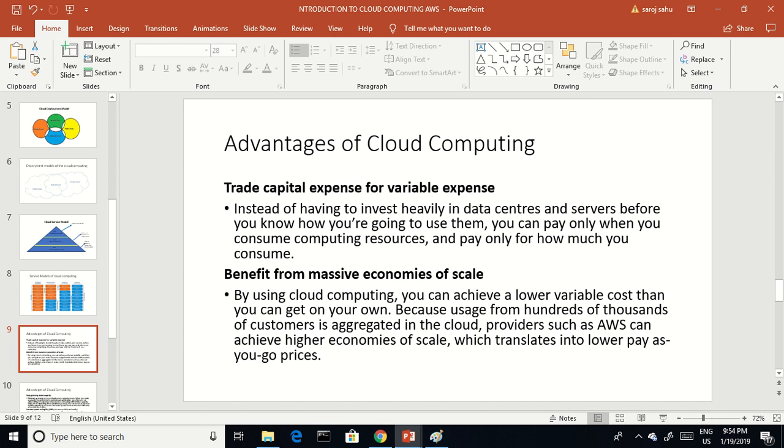We have to guess something less than the requirement, or it can be beyond our requirement. So that is also a very fluctuating way of calculating. There is no exact calculation of how much service I need at this particular point of time in our own data centers.